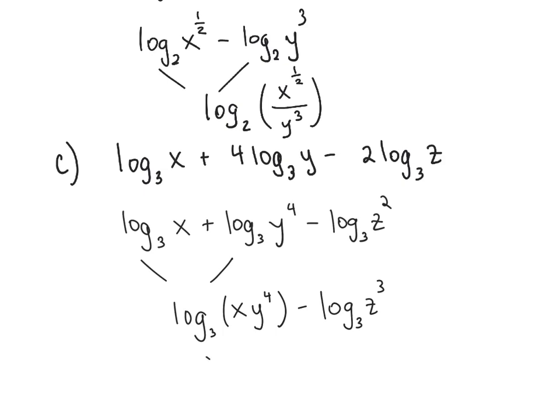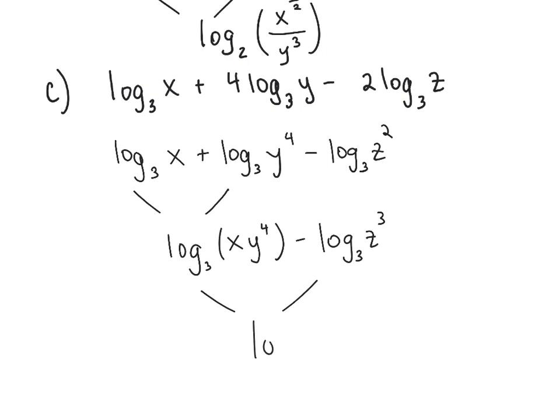And I'm going to take and condense those two logarithms into one single logarithm, log base 3. And since they're separated by a minus sign, I'm going to form a quotient, meaning fraction, where xy to the 4th is my numerator, and z cubed is my denominator.